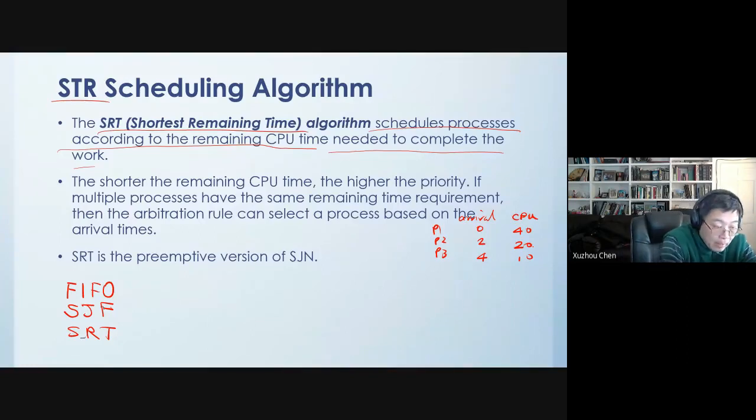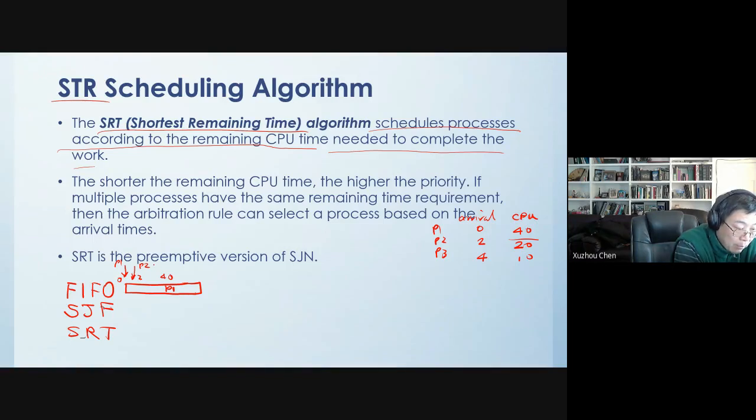So for FIFO, at time 0, when process 1 arrives, process 1 is going to take the CPU and run for 40 time units. And even though process 2 arrives at time 2, process 1 is taking the CPU, so process 2 has to wait.